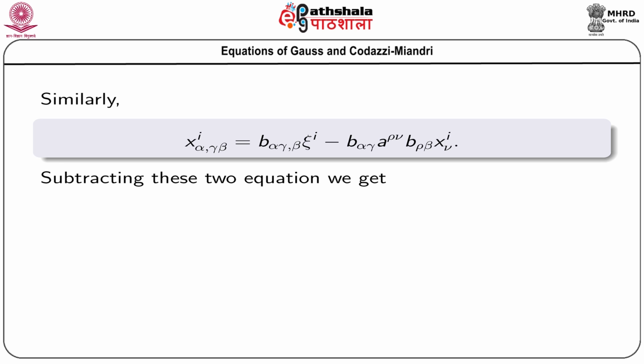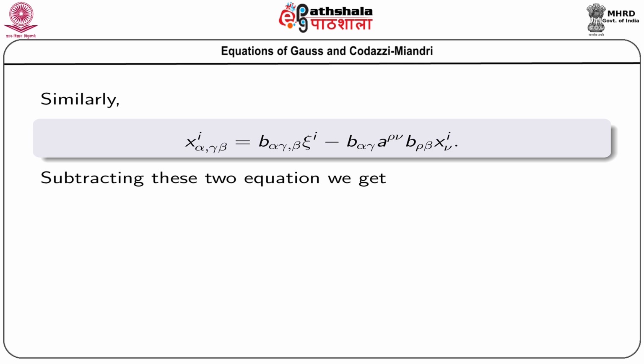Similarly, if we interchange beta and gamma, we get x I alpha comma gamma beta is equal to b alpha gamma comma beta xi I minus b alpha gamma a rho nu b rho beta x I nu.